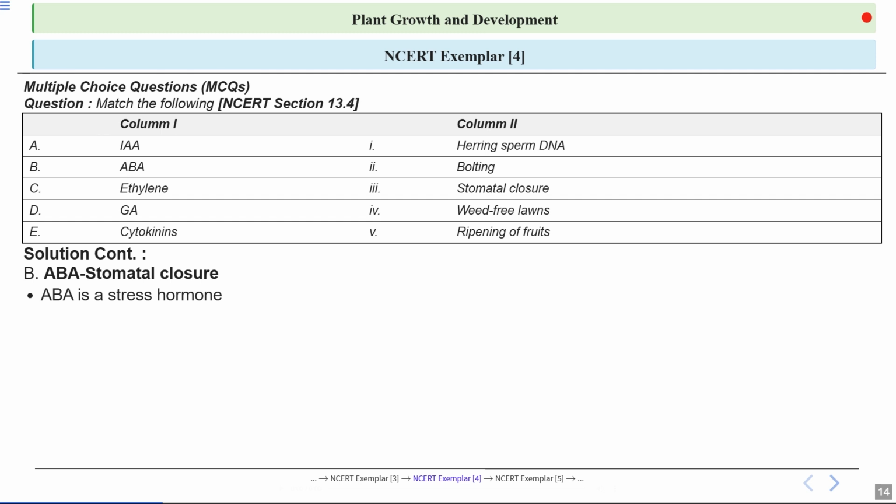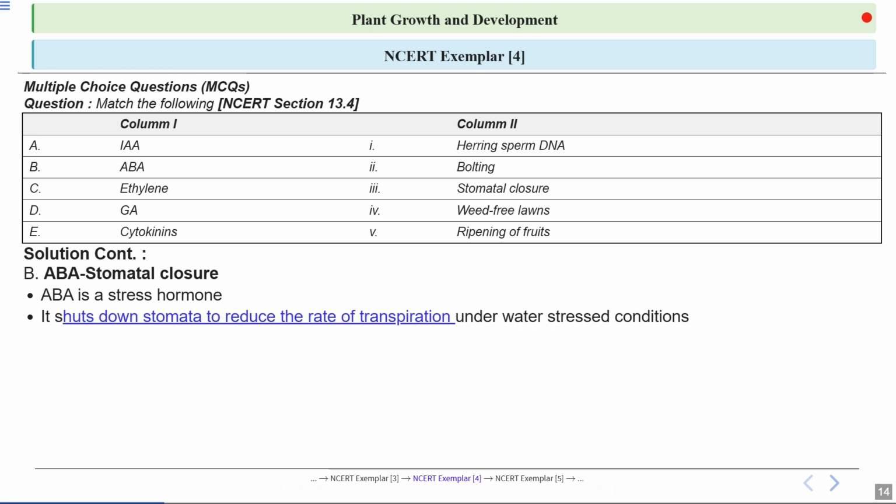So, abscisic acid acts as a signal for plants to conserve water by closing the stomata, which are the pores on the leaves responsible for gaseous exchange. By shutting down stomata, abscisic acid reduces the rate of transpiration, helping plants to survive in dry conditions.